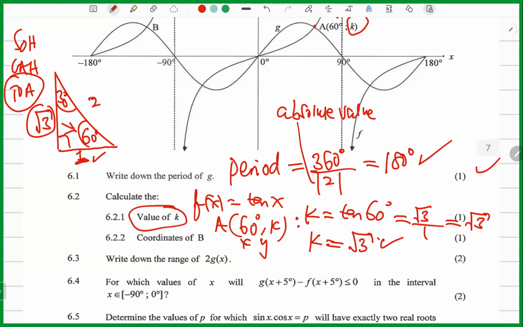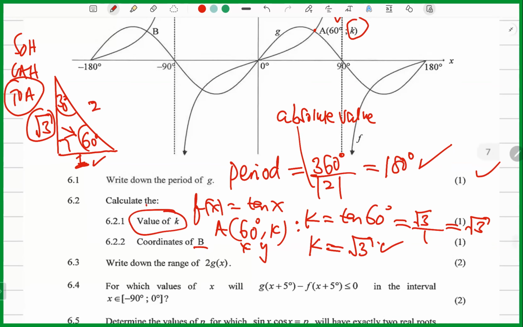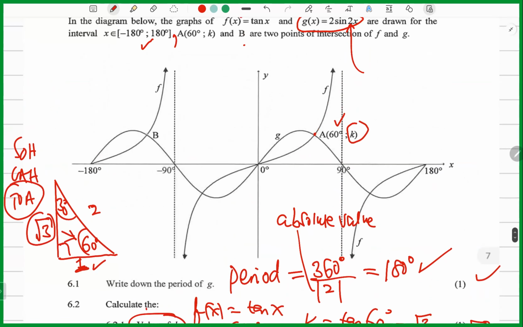Right, the next thing to do is to write down the coordinates of the point B. Calculate the coordinates of B. Right, so the coordinates of B are also to be found. Let's deal with the coordinates of B. Here is the point B, and it's sitting here.